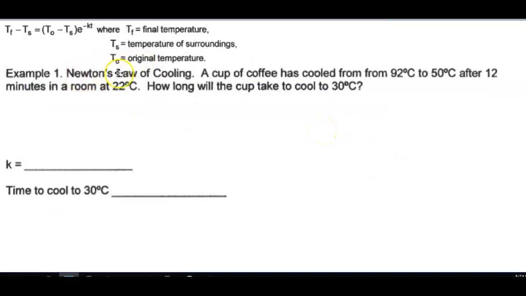It says, Newton's law of cooling: a cup of coffee has cooled from 92 degrees, which was the original temperature, to 50 degrees, its final temperature, after 12 minutes. Little t here is time up in the exponent. In a room at 22 degrees, so the room itself is the surrounding temperature or the temperature of the medium.